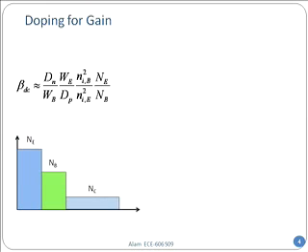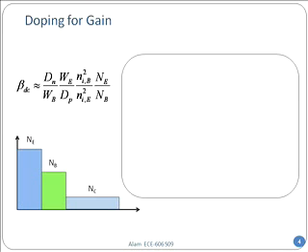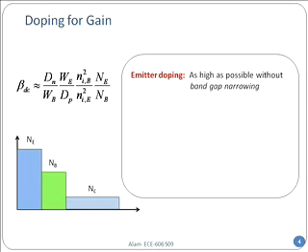Now, I have explained the trade-offs in last class, and I hope you remember. The trade-offs are such that first, if you have a given emitter doping, start there, then you want to increase it as high as possible without band gap narrowing. What is band gap narrowing? If you dope it very high, then the band gap that you originally had begins to narrow because the dopant state itself then can carry current, so the electrons can hop from one dopant to the next, and instead of really taking the highway, it can essentially tunnel through from one state to the next one.